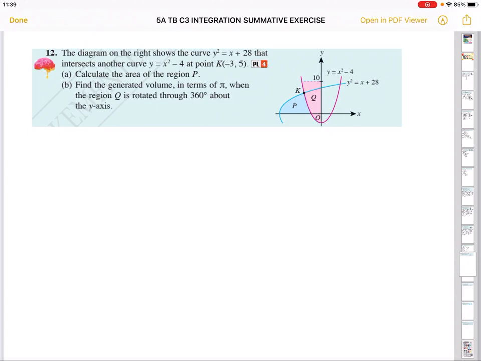To find shaded region P, it actually consists of a curve like this plus another curve like that, right? We know this is going to be -3, right? And we have to integrate two separate functions, right? But we need to find the x-intercept. Now we know at the x-axis, your y is 0, so the first equation is x plus 28 equals 0, x is -28, so this is -28.